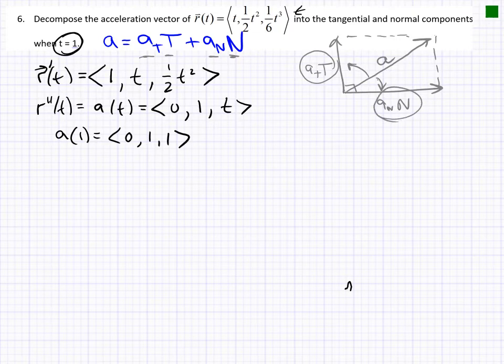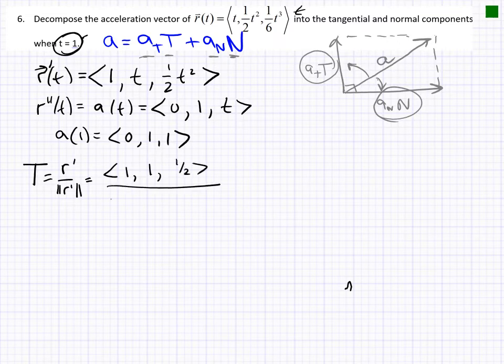All right, so first thing we want to do is find T. So T is r prime over the magnitude of r prime. Now at 1, r prime is going to be 1, 1, a half. And the magnitude of that is going to be the square root of 1 plus 1 plus a fourth.